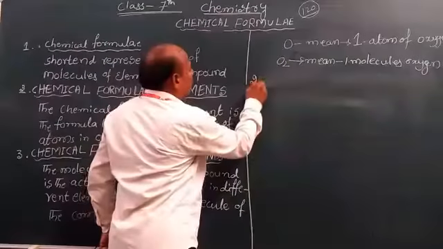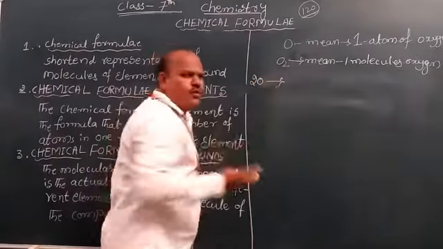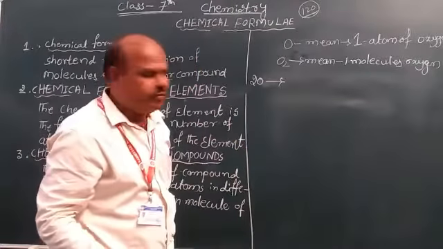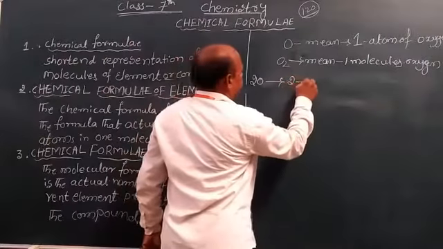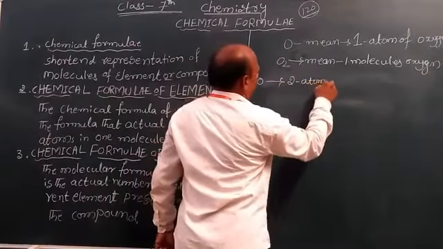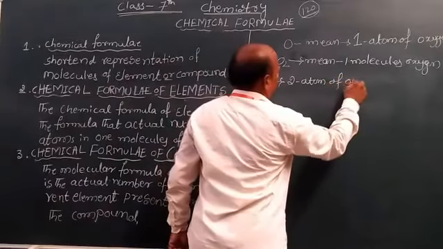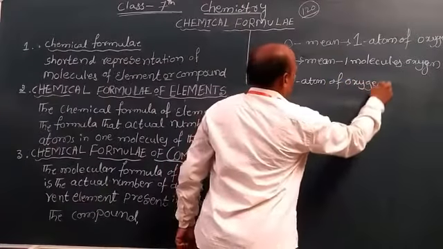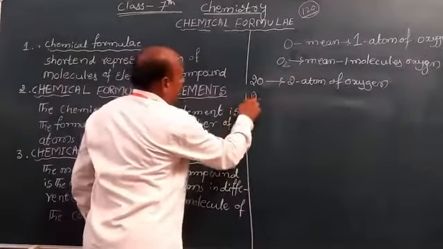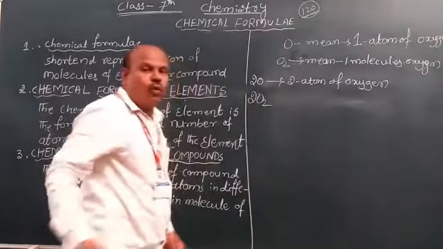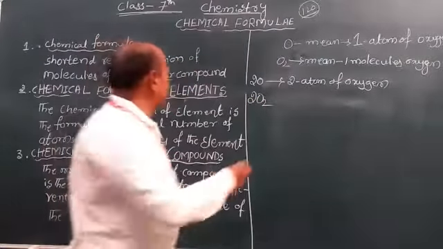O is one atom of oxygen and O2 is one molecule of oxygen. Similarly, 2O means two atoms of oxygen, and 2O2 means two molecules of oxygen.